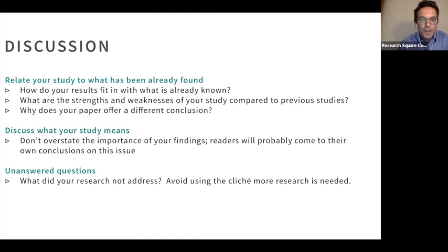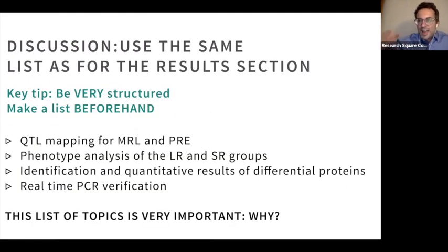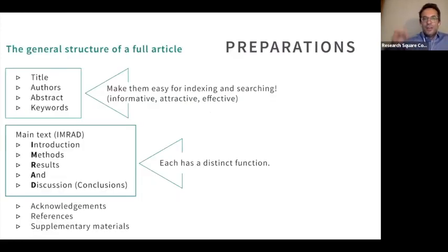Discuss what your study means and talk about any unanswered questions that your study may raise. Relate, discuss, and bring up those unanswered questions. And again, the shape of this often, in terms of subheadings, follows the sequence of events that you already introduced in the method section and in your results.